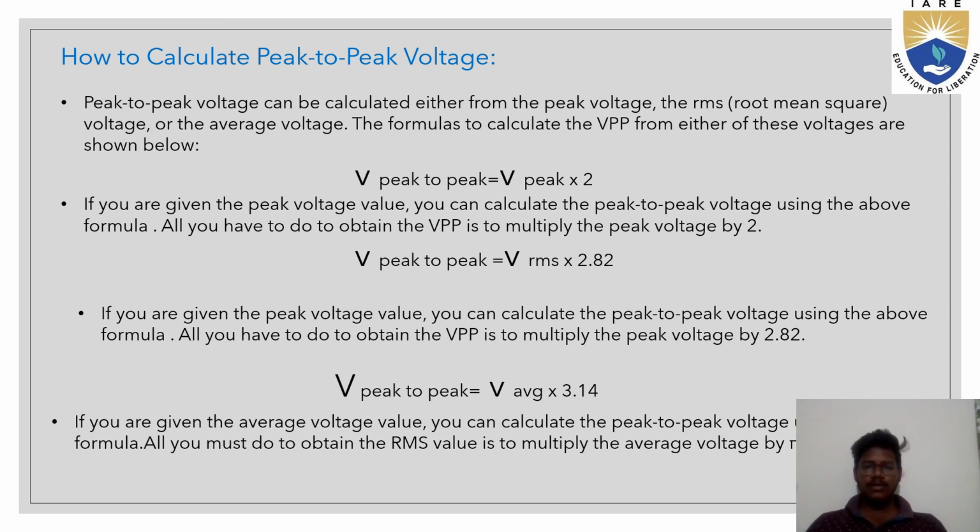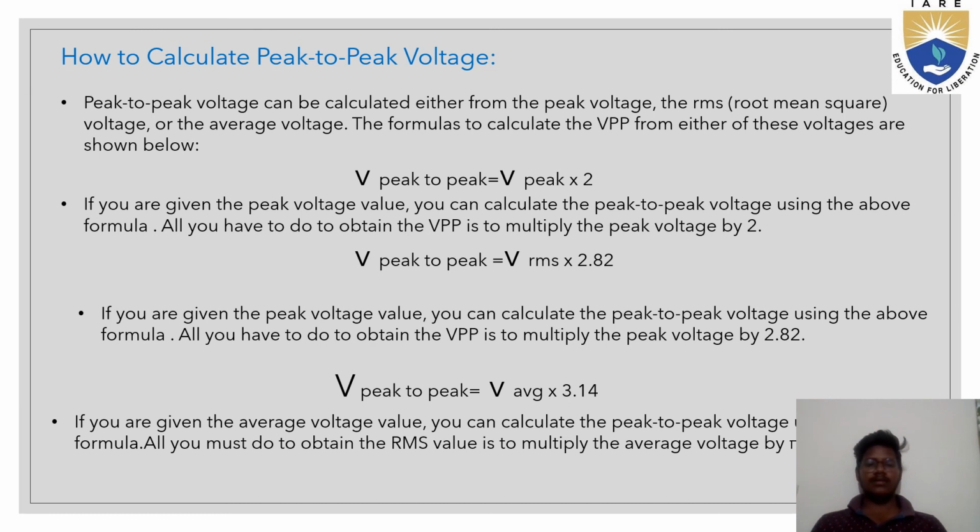Peak-to-peak value is equal to the peak value times 2. If you are given the peak voltage value, we can calculate the peak-to-peak voltage using the above formula. All you need to do is multiply the peak voltage by 2.